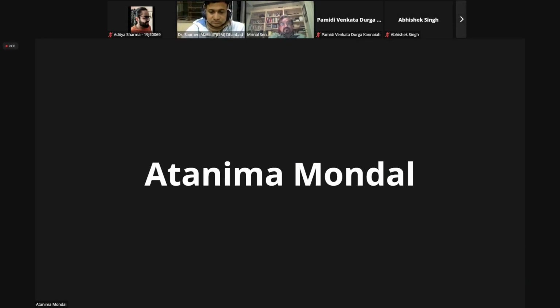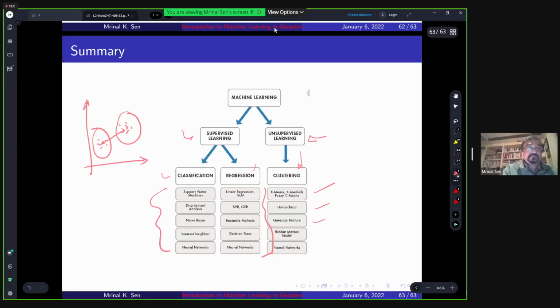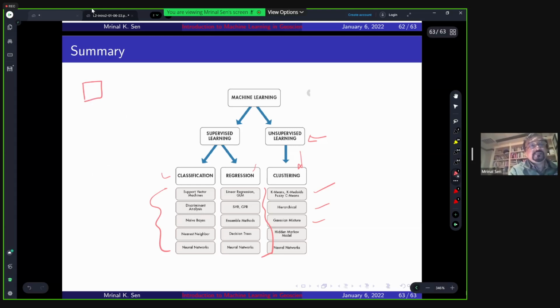Can you re-explain semi-supervised learning? How is it different from unsupervised learning? Okay. Semi-supervised basically means that there is an intermediate step. So I have input, then I have, say, a neural network, and then I have output.